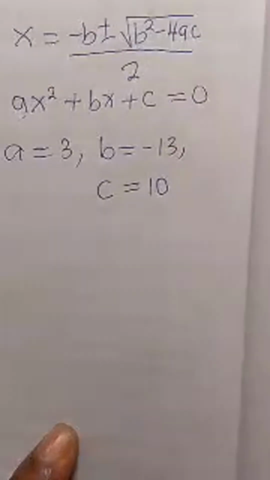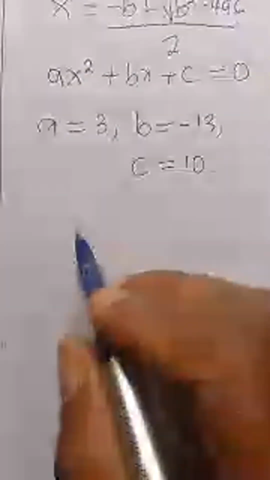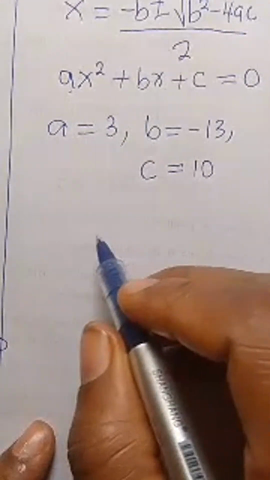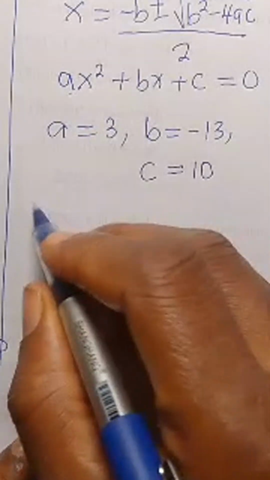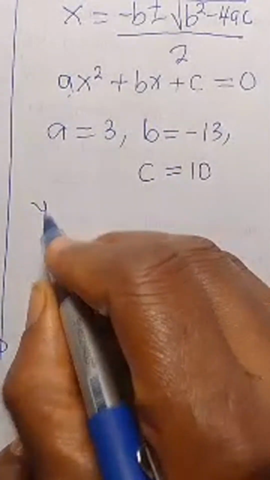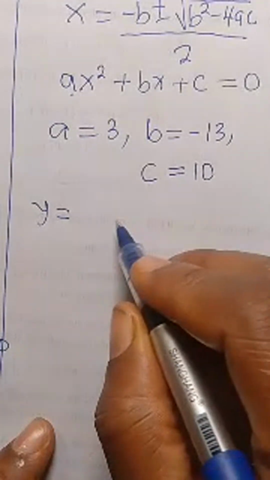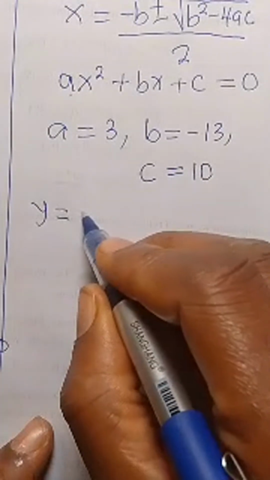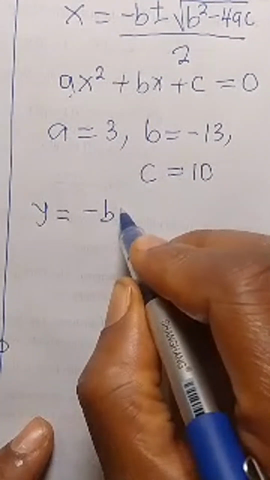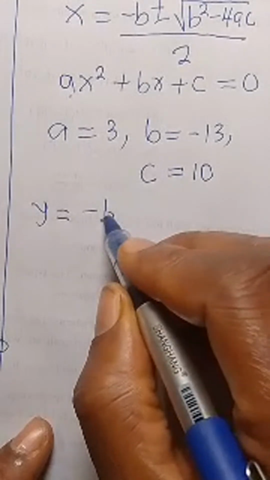All right. So to do that, we have y, because we are solving for y here. Y is equals to minus b.